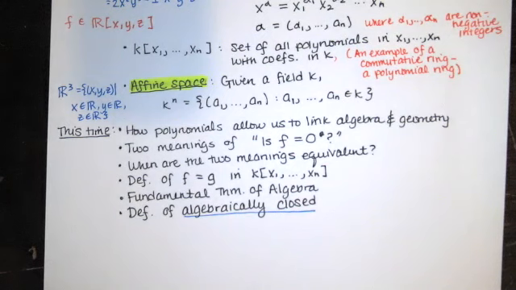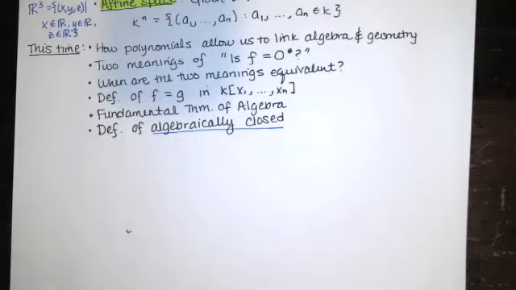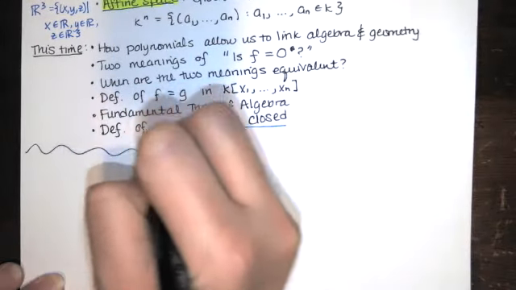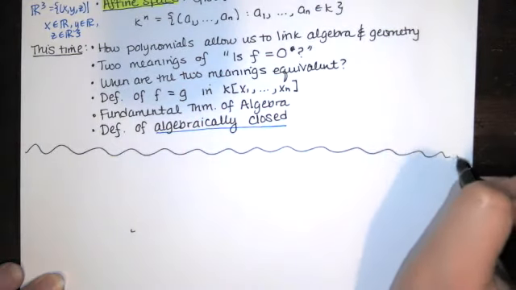Well, how do polynomials allow us to link algebra and geometry? Now, this is another one of those things where I would say you already know the answer to this. We know how polynomials allow us to link algebra and geometry, because we know about functions.